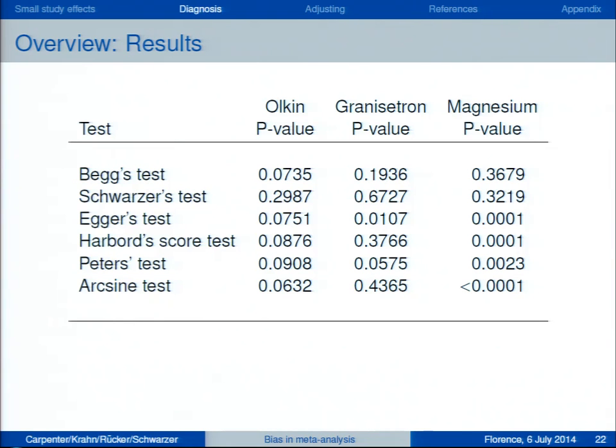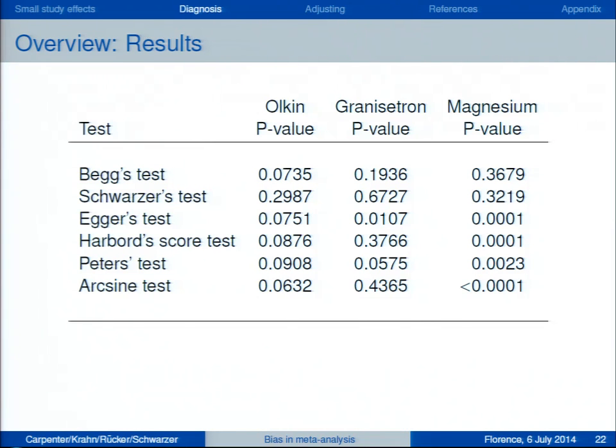The only other comment I guess we would make is that the tests that we've worked on explicitly try and model the heterogeneity in the funnel plot alongside the slope with the standard error, or 1 over the standard error. And so if there's a lot of heterogeneity, some tests can get confused. So I think this is what's happening in the middle example here.